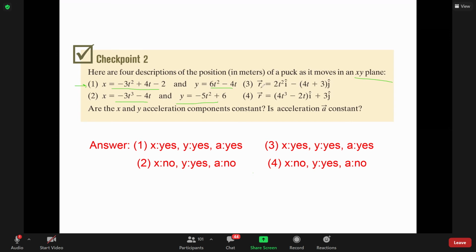Here, this is the X, right? And this is the Y. All of it next to i hat is X, and this other part is Y. Now it is clear. Yes, hockey game.